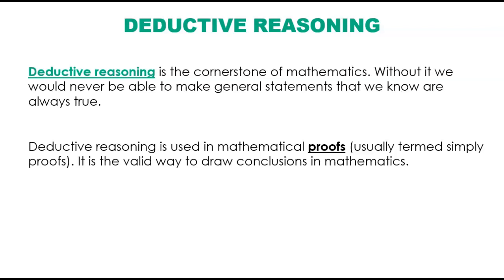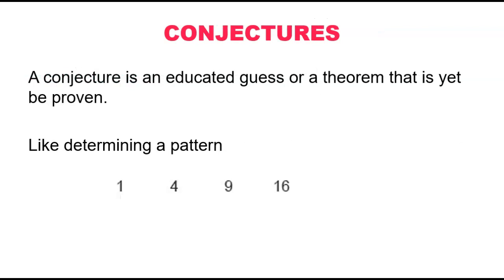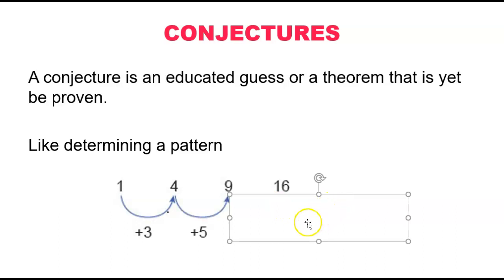Now, when we come up with these ideas, these are called conjectures. It's an educated guess or a theorem that's yet to be proven. So when we want to determine what the next number is in this pattern, we would look at it and say, okay, based on what's happening here, between 1 and 4, it has a difference of 3. 4 and 9 has a difference of 5. And then 9 and 16 have a difference of 7.